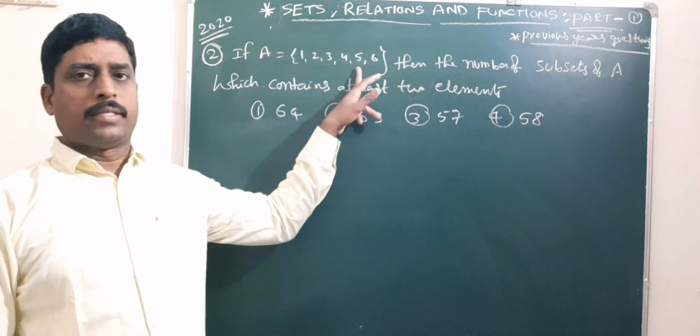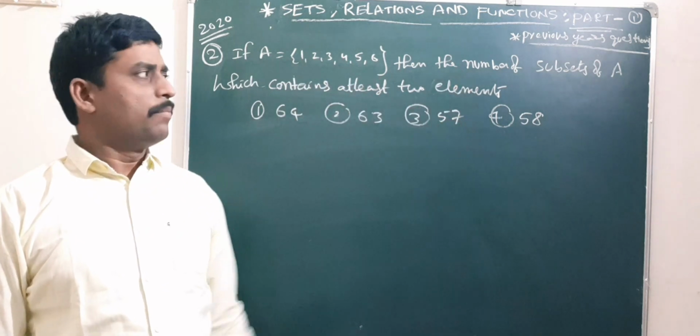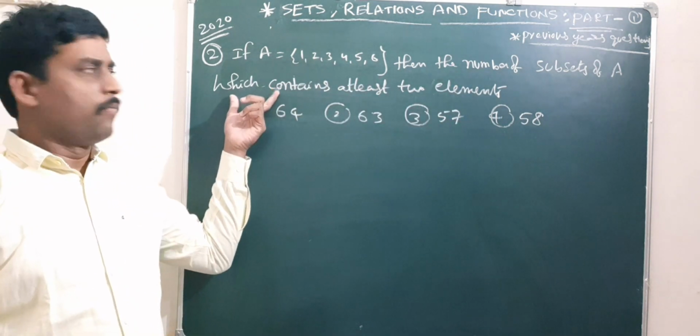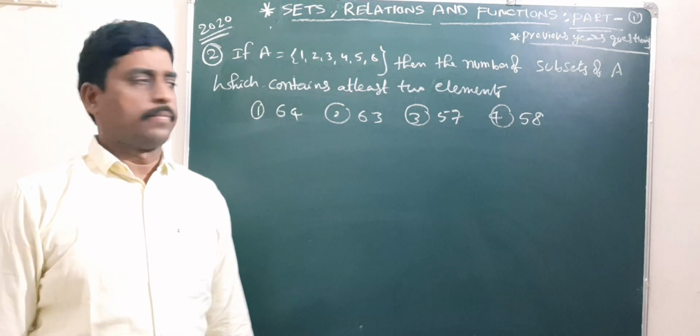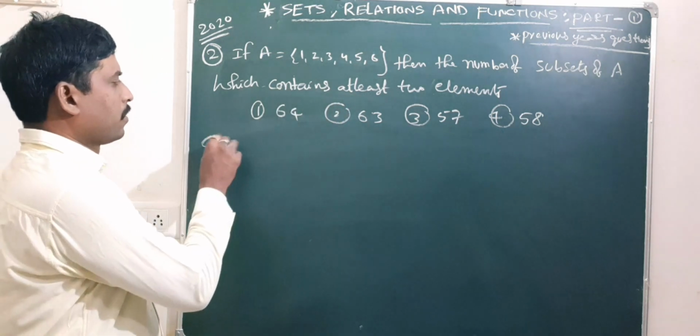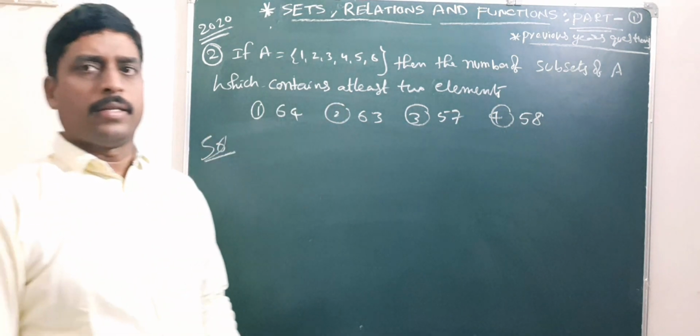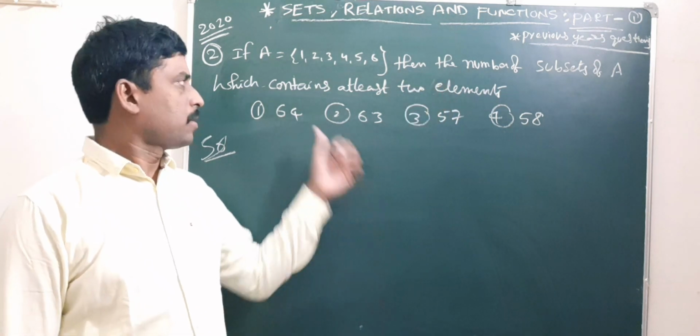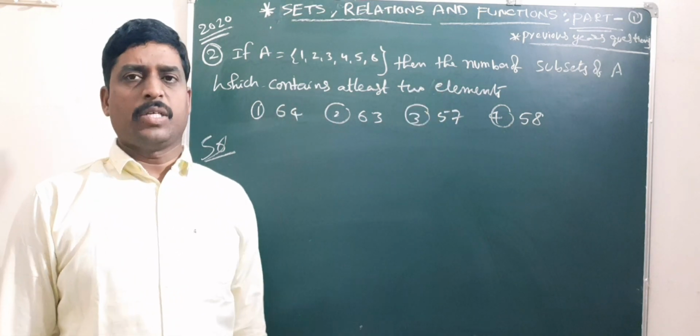Now we need to compute this problem. A having 6 elements, then the number of subsets of A which contain at least 2 elements. So what is required? The number of subsets of A which contain at least 2 elements.